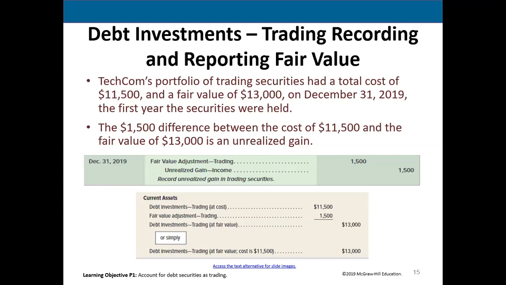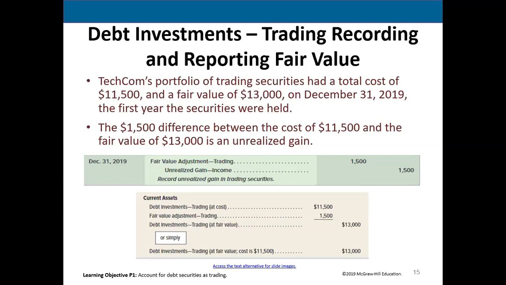trading, whatever balance is in that will either increase or decrease my debt investment account. So right now, this is the first year, there is no balance in the fair value adjustment account.